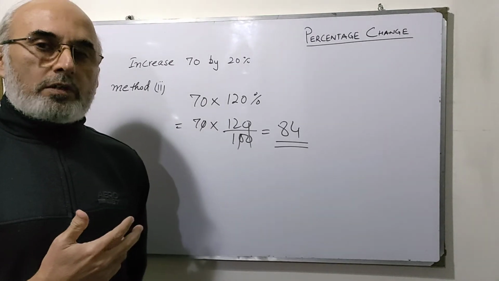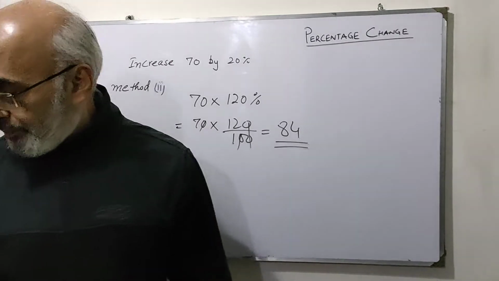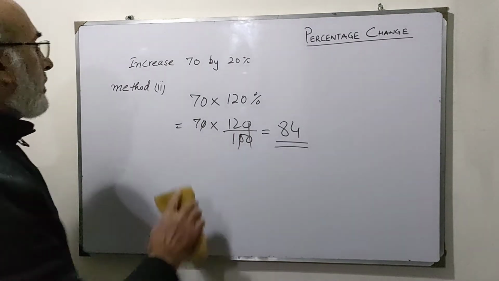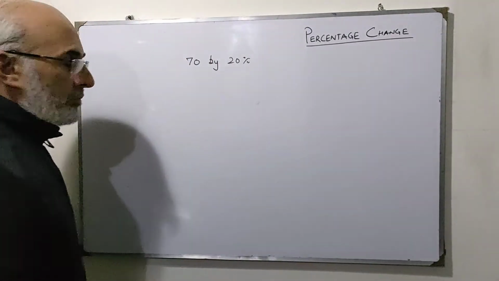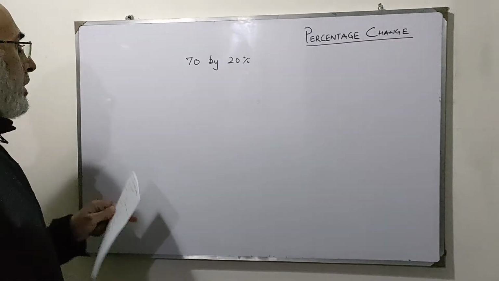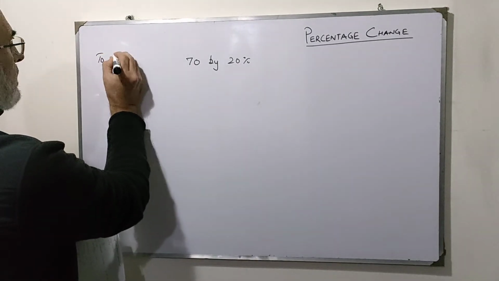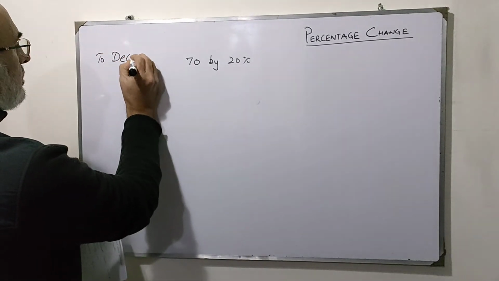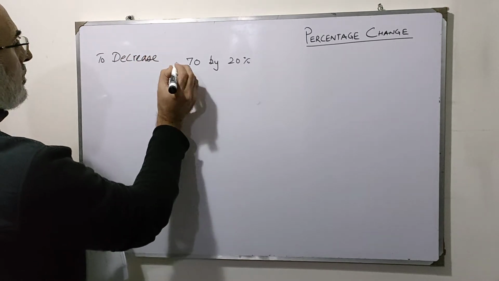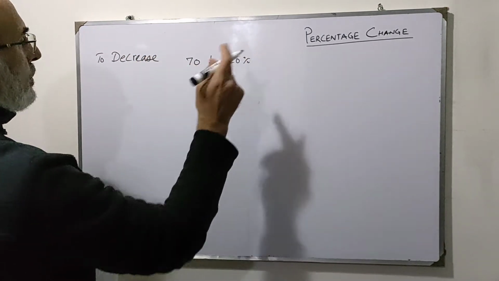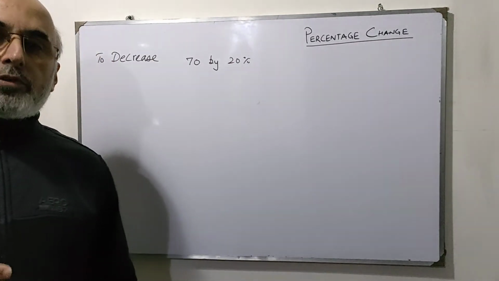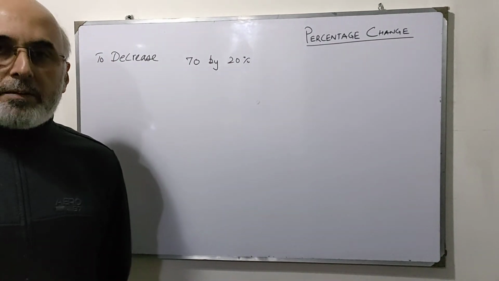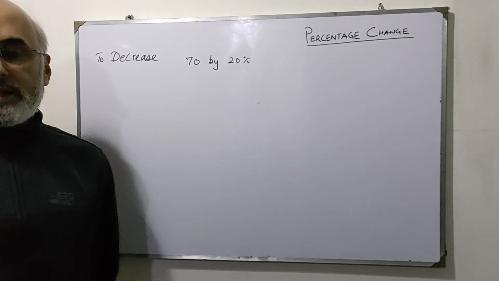Now let's decrease the number by 20% and see how we are going to do it. We'll do it with the same two methods. To decrease 70 by 20%. Now we have to reduce number 70 by 20%. So the method number 1.